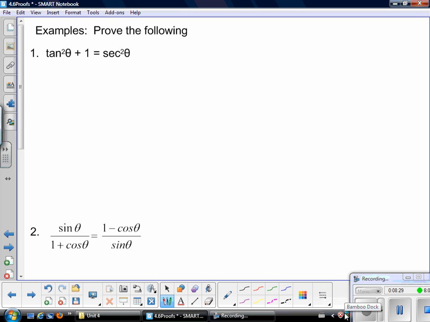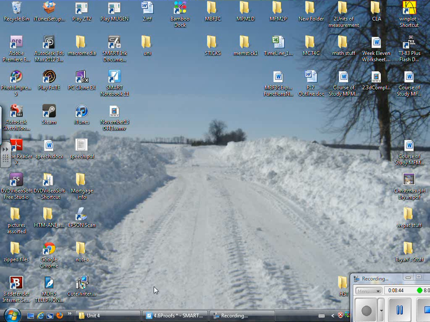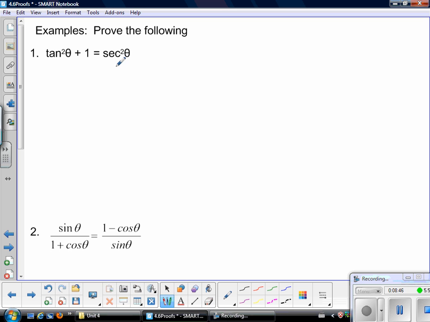However, as I said, usually the more complicated. I'm looking at tan squared theta plus 1, and I'm thinking that's more complicated than secant squared theta, because I could probably start with that, but it would be harder to come up with a manipulation. This one I probably could.